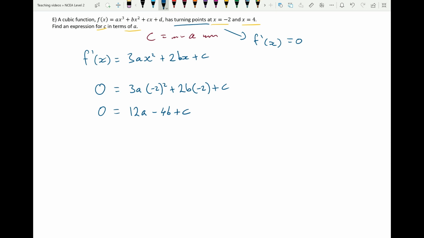Okay, and for the other one, when x equals 4, I'm going to do the same thing, just substitute 4 in instead. And again, just work it out. So 4 squared is 16, times 3 is 48, plus 8b plus c.